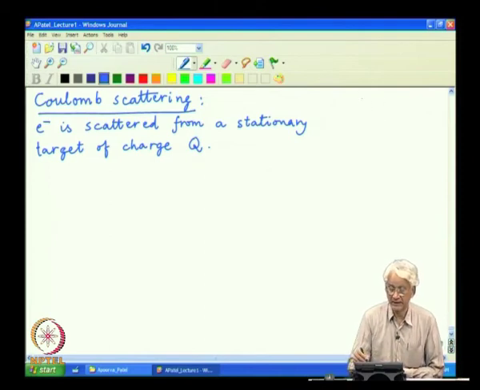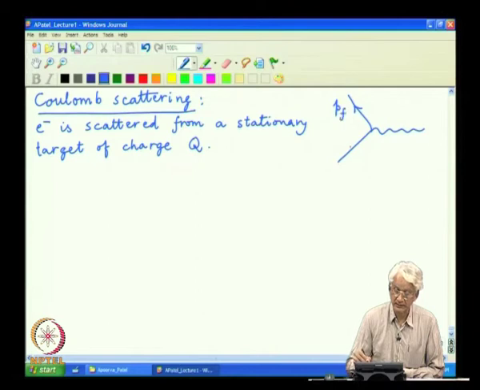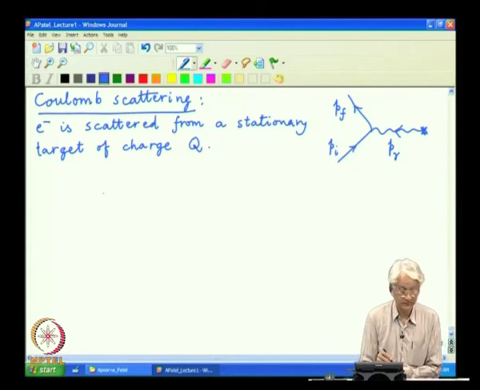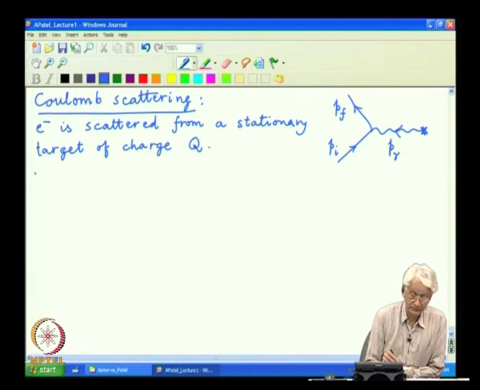The diagram I had already done before, and I will kind of repeat it. So, there is an initial momentum p_i, final momentum p_f, and the photon brings in some momentum from this static charge, and in this particular process the target is stationary.